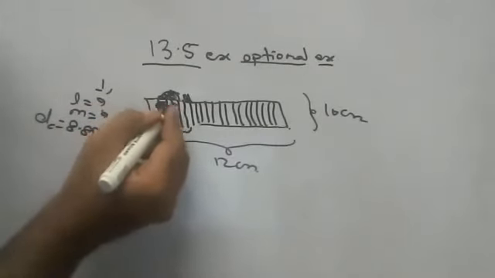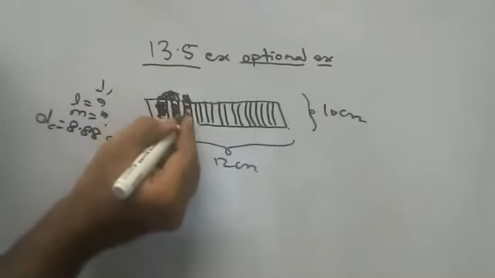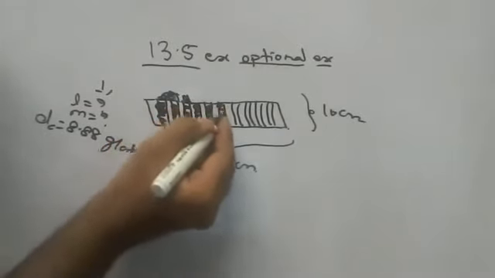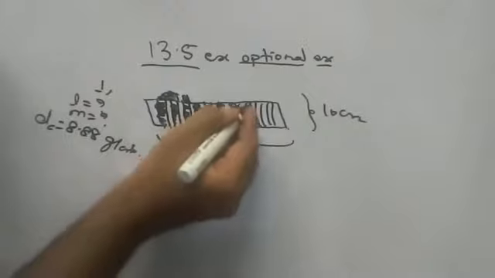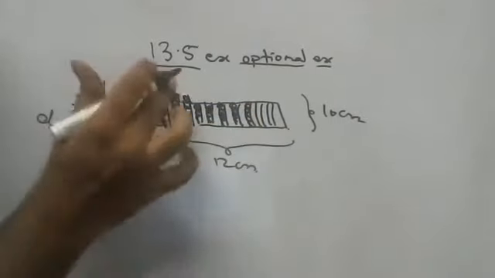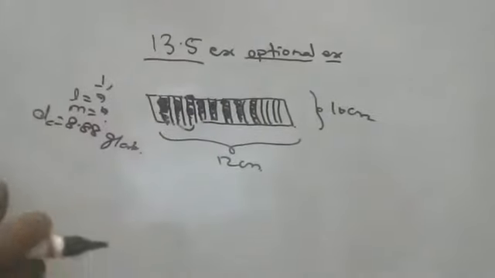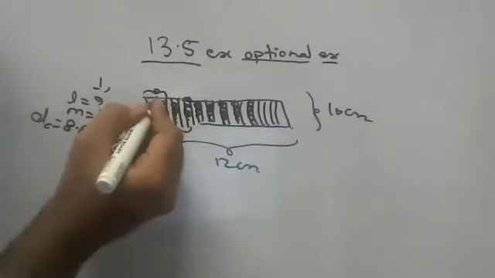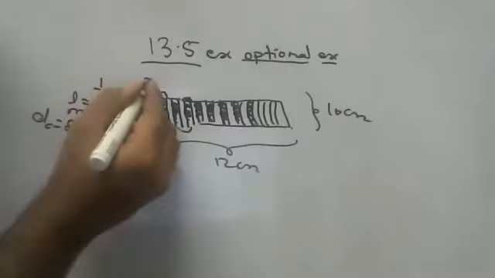No gap should be there in the middle. And the diameter of the wound wire is 3 mm. Only this part is 3 mm.